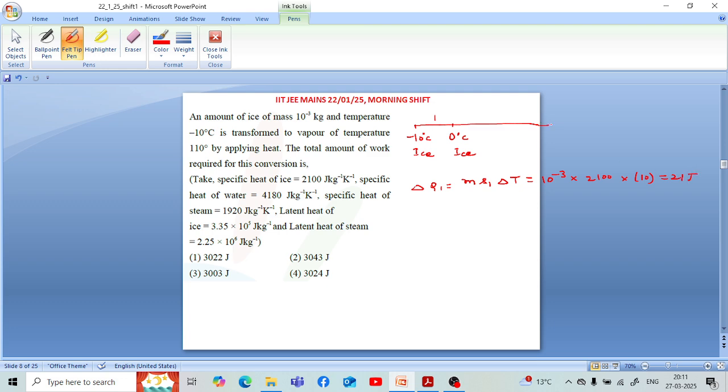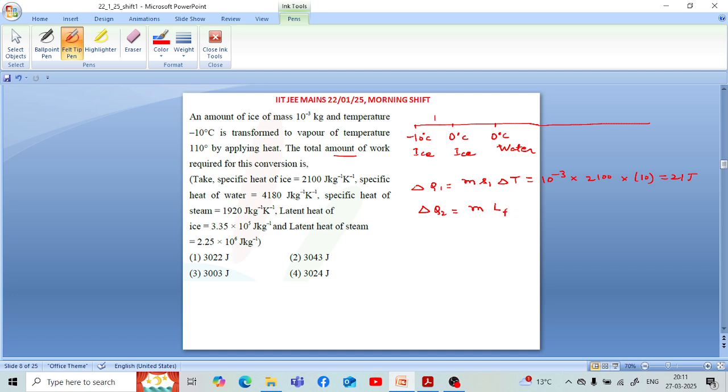Now the next conversion is 0 degrees Celsius ice to 0 degrees Celsius water. So this is a state change, not a temperature change. So in this particular process, we have to provide heat, which is part of the work which has to be done. So delta Q2 is equal to M L, for example M L_F, latent heat of fusion.